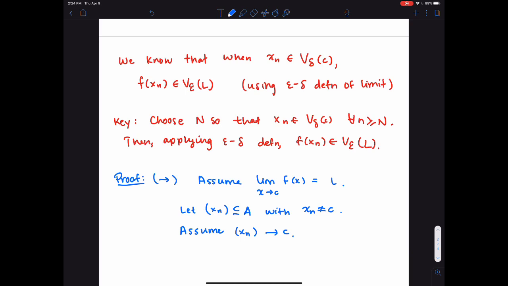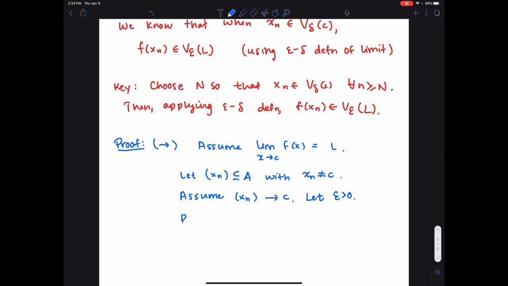Now, the rest of our proof is devoted to showing the definition of convergence for f of xn going to L, which means we need to let epsilon be greater than 0. Our next goal is to find where we chop our tail so that the outputs are in the epsilon band. In order to do that, remember we need to know where the delta neighborhood is.